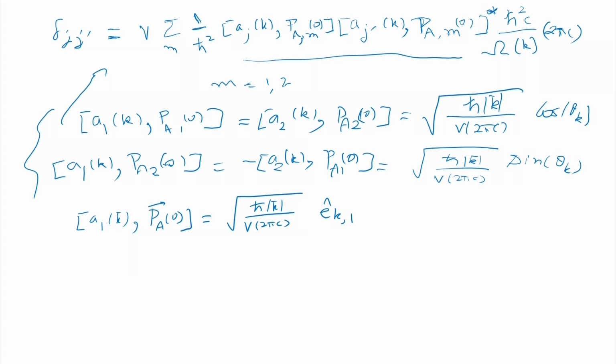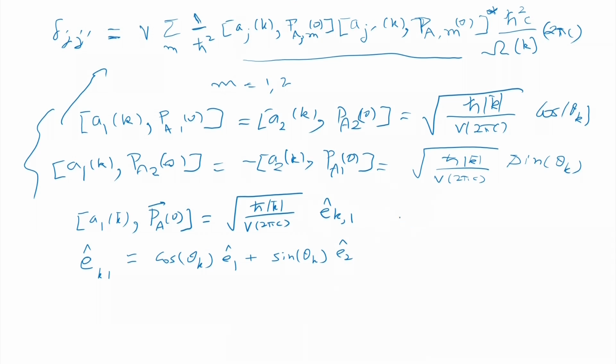So I can always write this in the following way. Basically it's just a linear combination of cos and sine: cos theta k times E1 plus sine theta k times E2. You just verify this yourself, it's very easy.